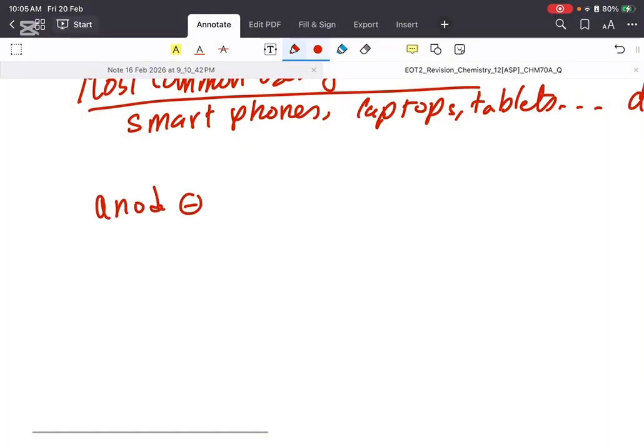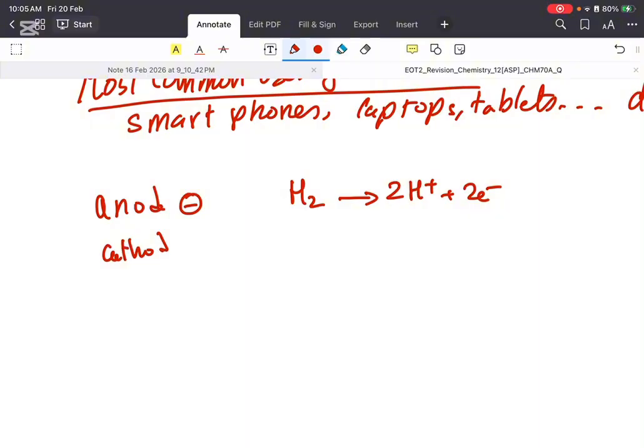The anode, here in the fuel cell, is the negative electrode, and I have the hydrogen gas changing into H plus, producing, as I said, protons, and electrons are released. And at the cathode, I have the oxygen gas from the atmosphere, because a fuel cell can use oxygen.